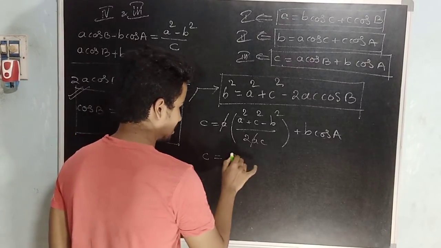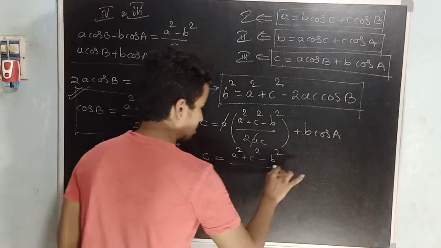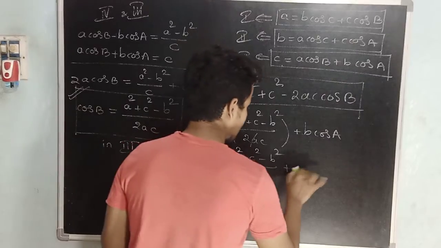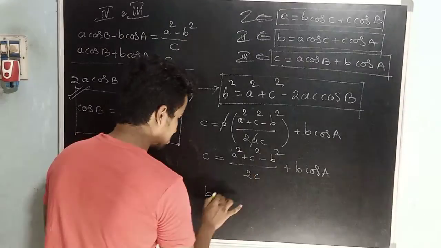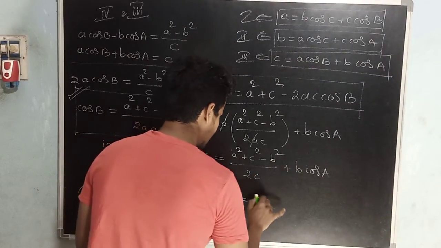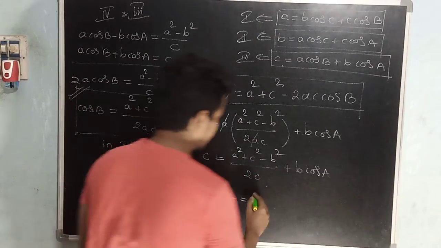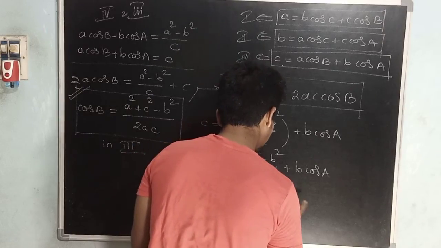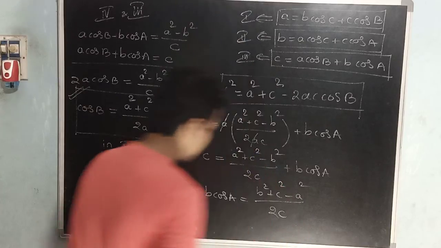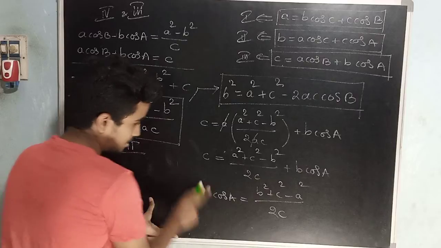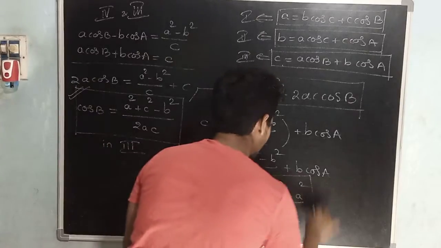Now C is equal to A square plus C square minus B square by 2C plus B cos A. Sending this to this side, we are going to get B cos A is equal to B square plus C square minus A square by 2C. So sending B this side, I am going to get 2BC. Here we got another formula.